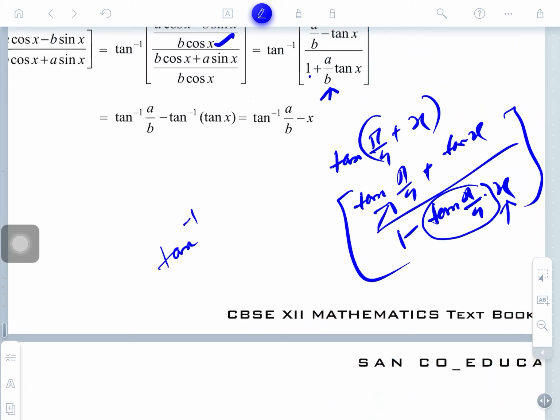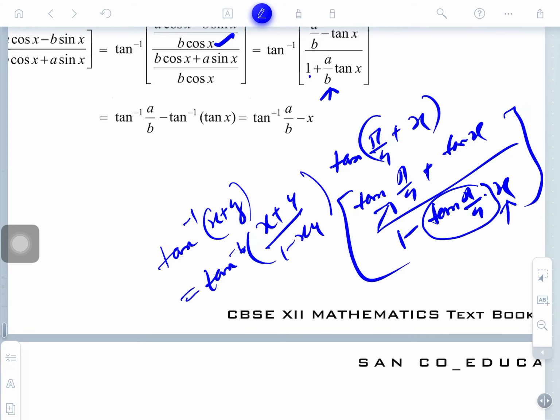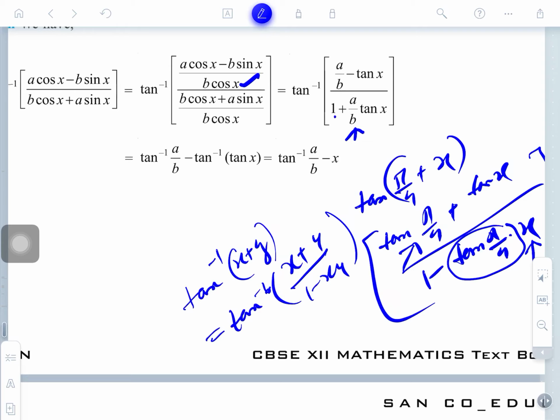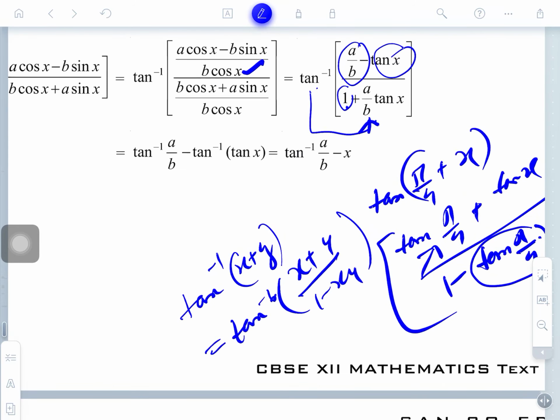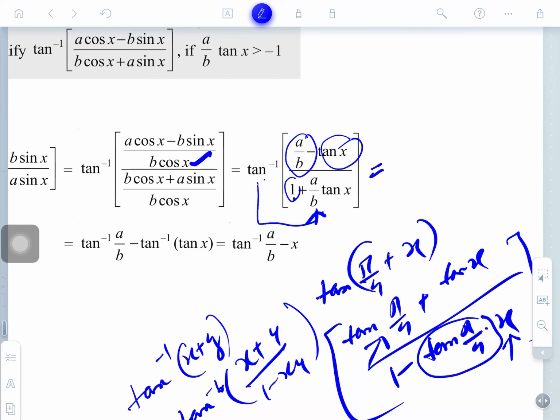The identity we have said: tan inverse of x plus tan inverse of y is equal to tan inverse of (x plus y) divided by (1 minus xy). This type. So this is looking the same here: tan inverse, this is x, this is y. Right now you may see this. So in the place of that, what can we write here?